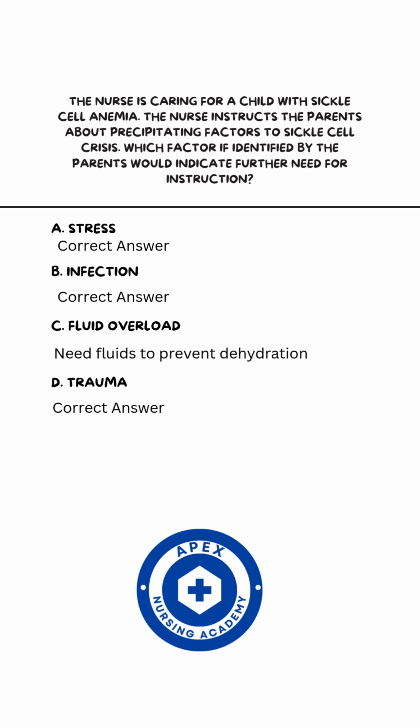That's going to indicate a need for further teaching, because dehydration is a precipitating factor to sickle cell crisis. So you don't want the parents thinking we don't need to give additional fluids. Fluid overload is not a precipitating factor to sickle cell crisis. And then, of course, trauma, that is physical stress, that is a precipitating factor.